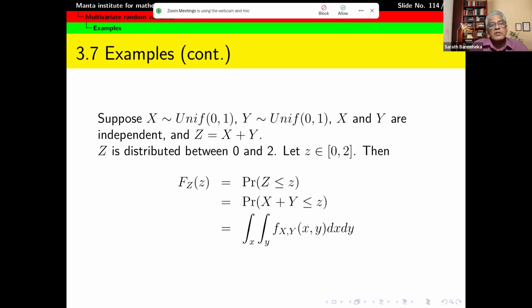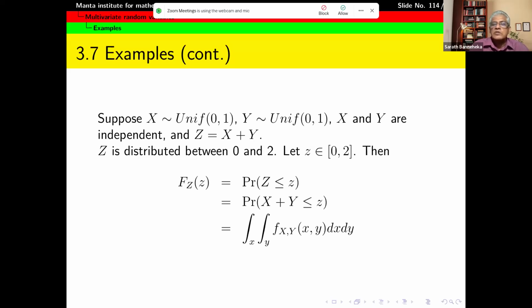Okay. Suppose X has a uniform distribution in the 0, 1 interval and Y also has a uniform distribution in 0, 1, and X and Y are independent. Right. Let us say Z is equal to X plus Y. Then X is between 0 and 1, Y is between 0 and 1. Therefore, we can easily understand that Z is between 0 and 2.